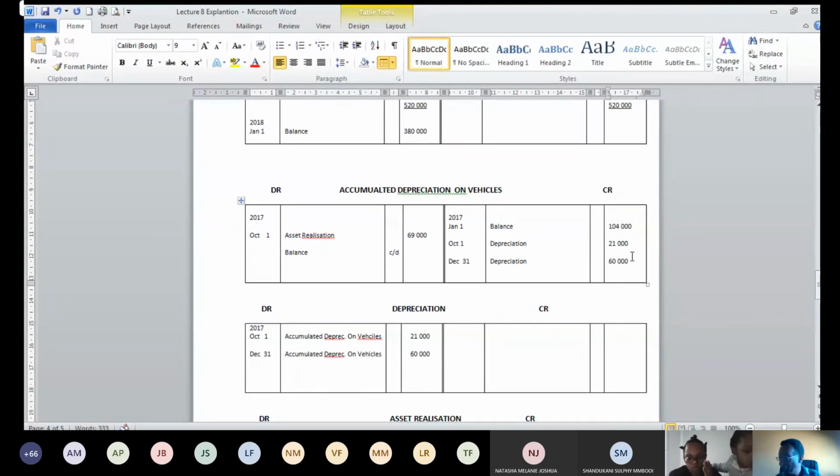It's 104,000 plus 21,000 plus another 60,000, and that will give you 185,000 as a total.